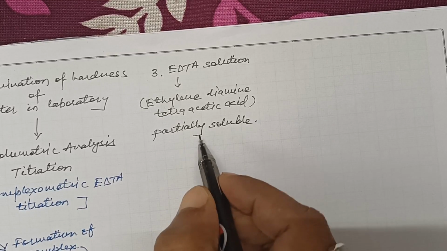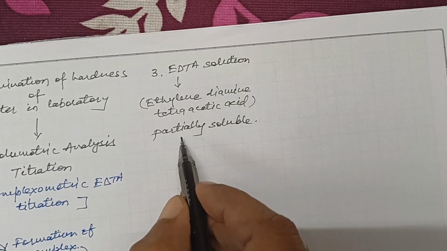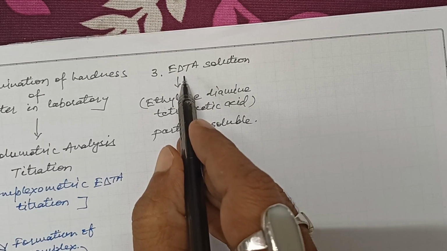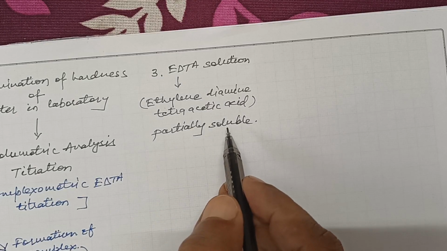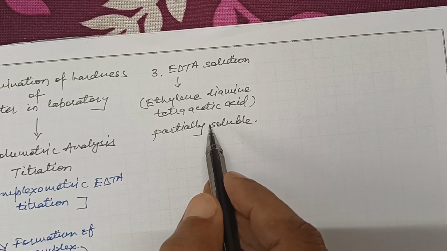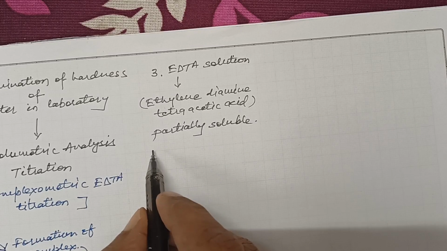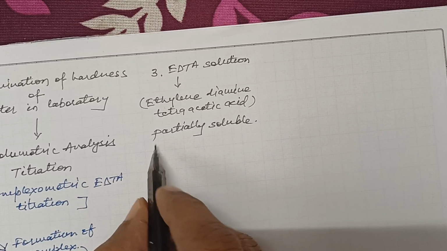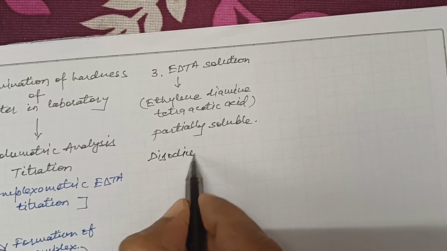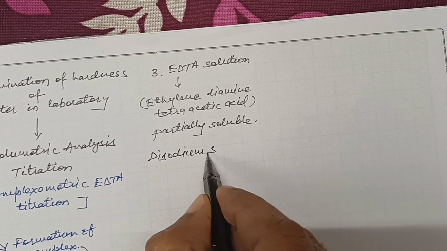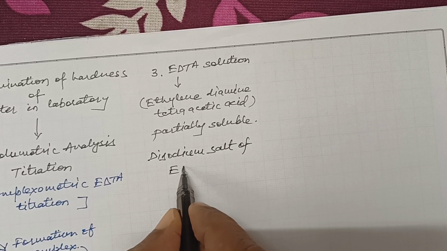So it is difficult to make a solution of EDTA because this EDTA is partially soluble in water. To overcome this problem, we generally use a disodium salt of EDTA.